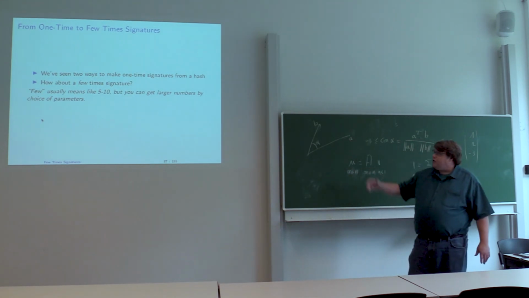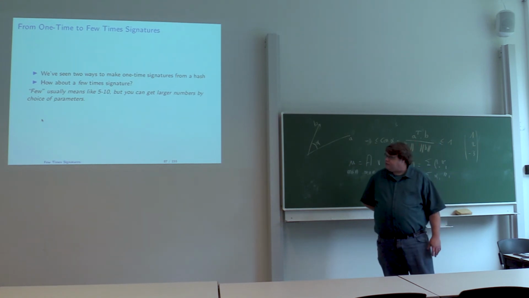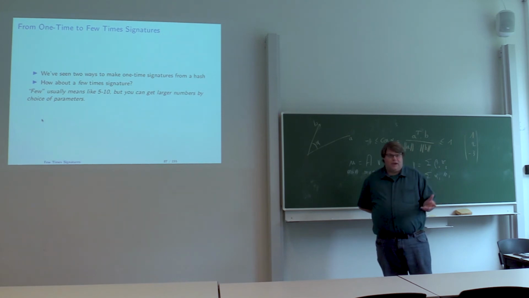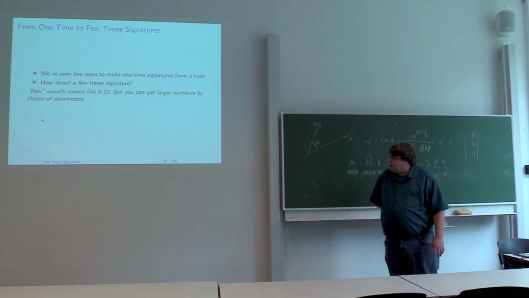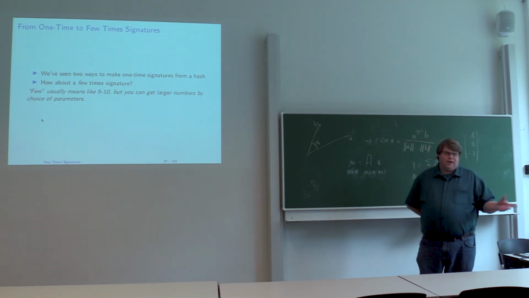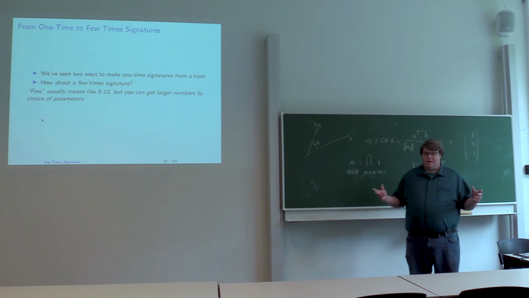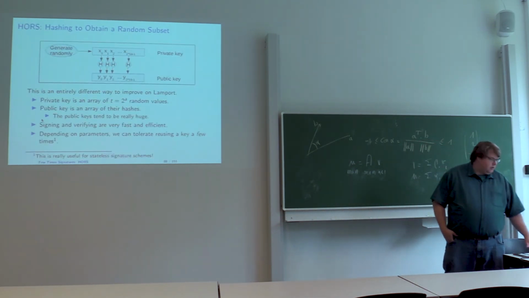So this is nicer. In this case, you're going to define a few-time signature so that you can use the same key maybe 5 times or 10 times or something. The parameters allow you to get bigger numbers, but it becomes very inefficient. If you want to make a 5,000-times signature, it might be a big signature or big key.